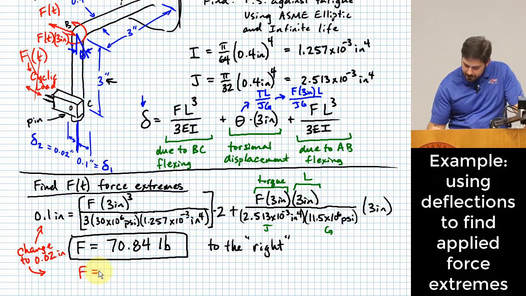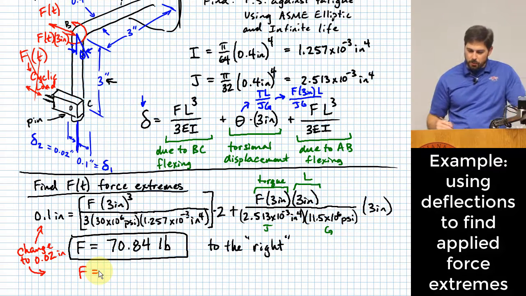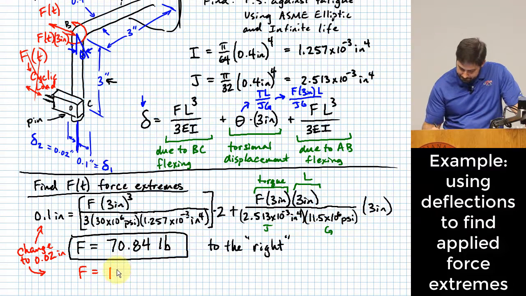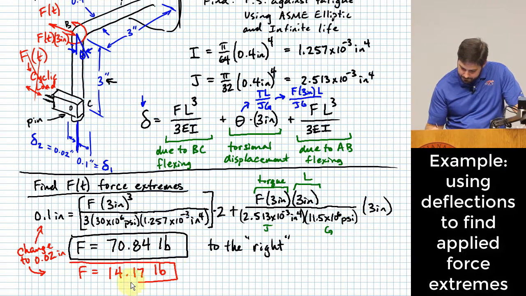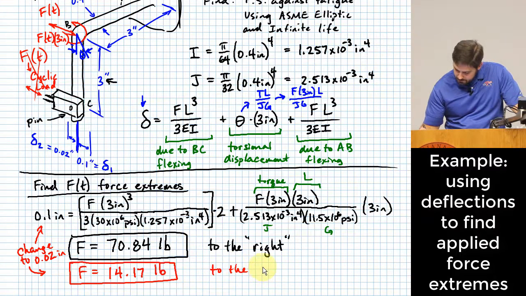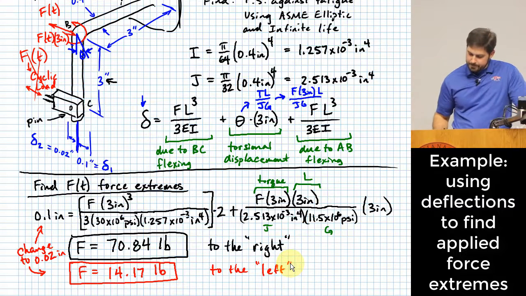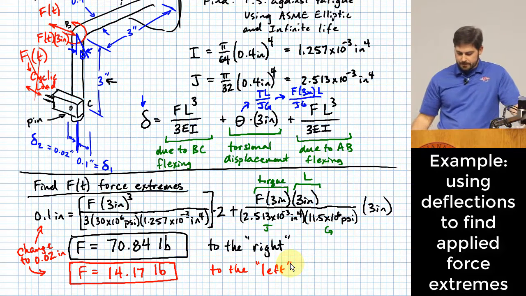And the F that we have there is going to be equal to 14.17 pounds. And that goes to the left. Good so far?